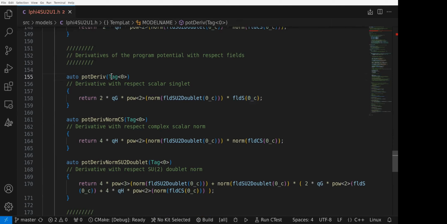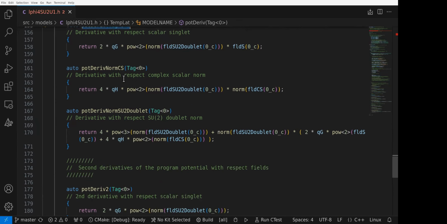First, you have the normal ones with respect to the scalar field, and then you need to look at the derivative with respect to the complex scalar field and with respect to the doublet. And as in the case of U1, we always write the derivative in terms of the norm of the SU2 scalar field, because it will have to depend on the norm since it's gauge invariant, and it's often easier to write the derivative this way. Then this derivative with respect to the norm is converted with respect to components inside the code somewhere.